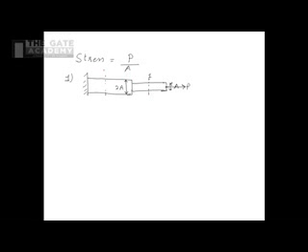Let's say this is section 1 and this is section 2. So the stress at section 1 is equal to P upon A, and the stress at section 2 is equal to P upon twice A.